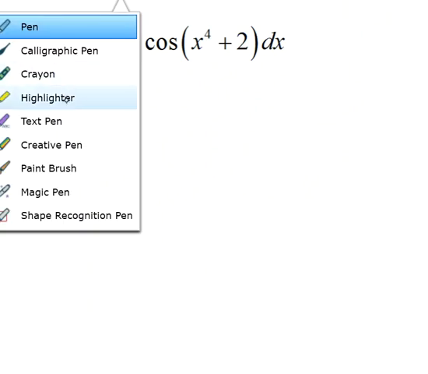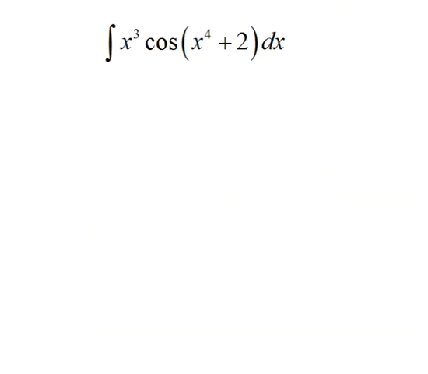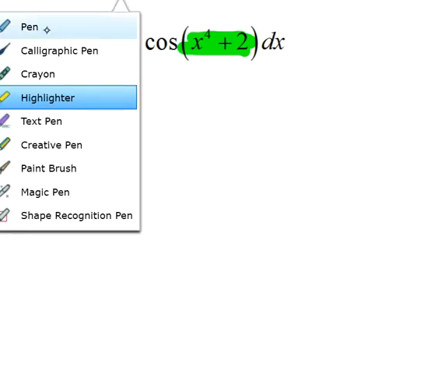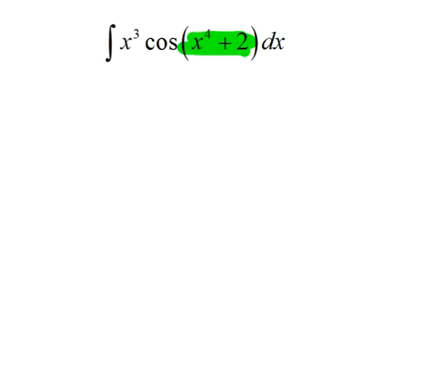Again, I'm going to identify an inside layer. This inside layer here, I've got x to the 4th plus 2. I'm going to say u equals x to the 4th plus 2.